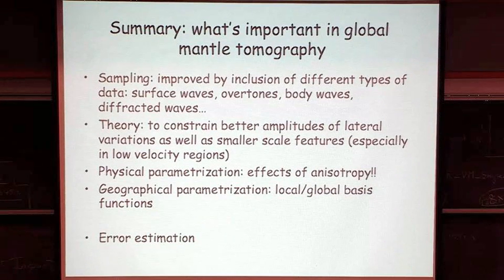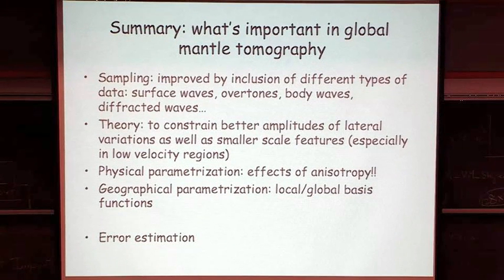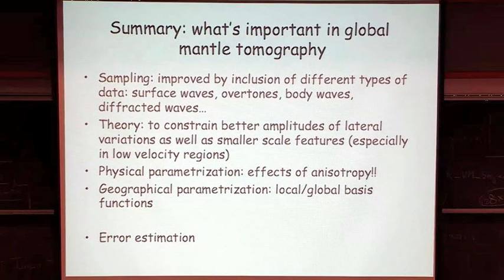So you forward model many models, and there are ways to do this efficiently, and that provides a way to, in particular, provide errors on all the parameters, the trade-offs between different parameters, etc. So I should stop here.